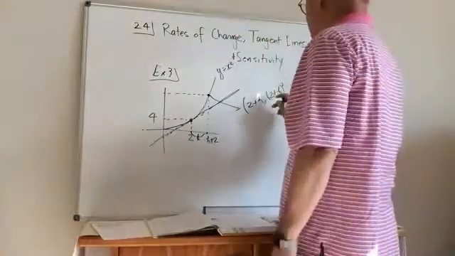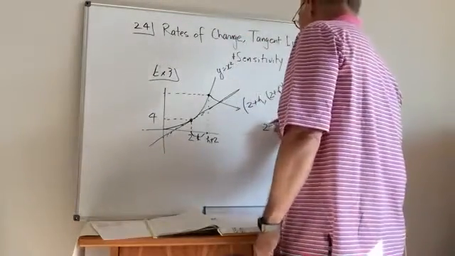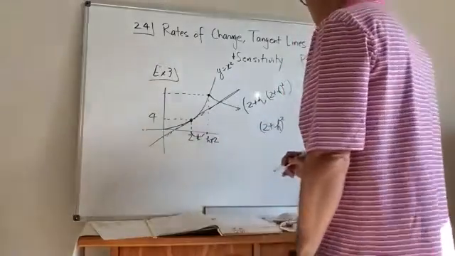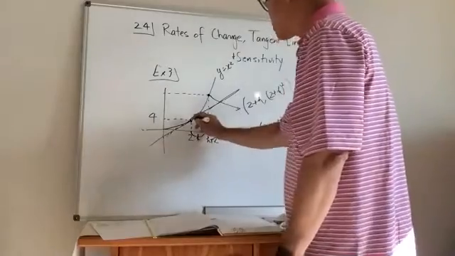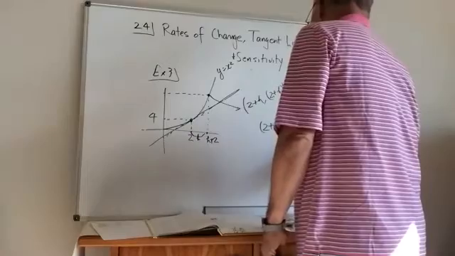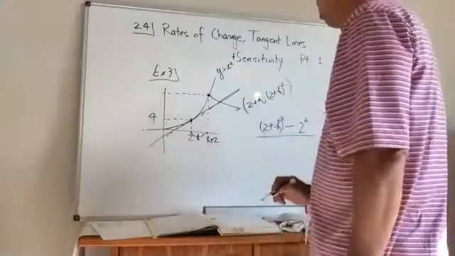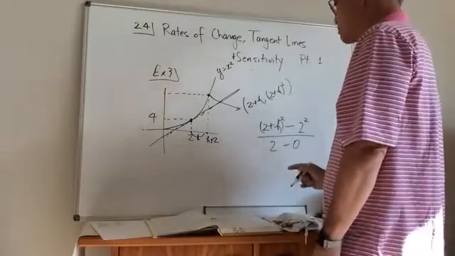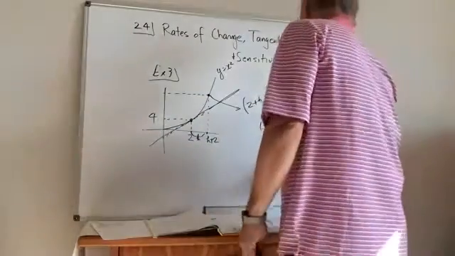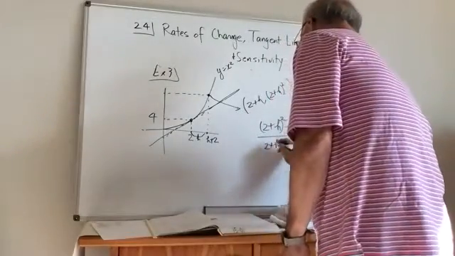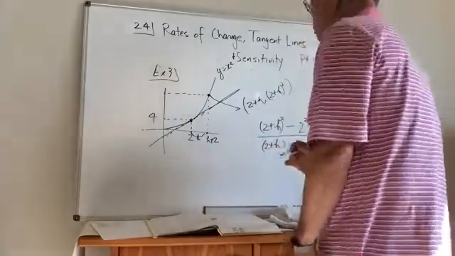So the rate of change is going to be what? (2 plus h) squared, and we're looking at this point here, which is (2, 4), so it's going to be minus 4, over 2 plus h minus 2, right?